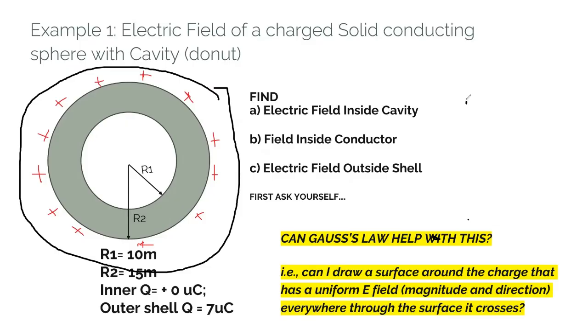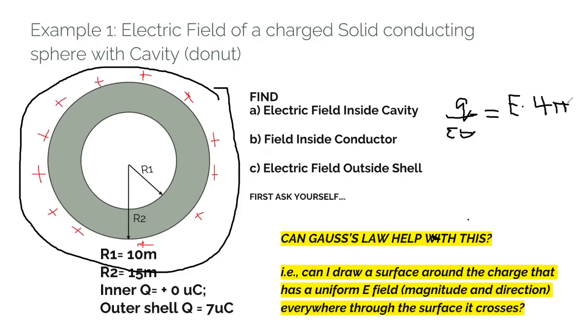I know, according to Gauss's law, that the Q enclosed over epsilon naught is equal to the total flux, okay? And that flux is also equal to the E field times what is the surface area of the sphere that I just drew? Well, it is 4 pi times the radius that I'm checking for.